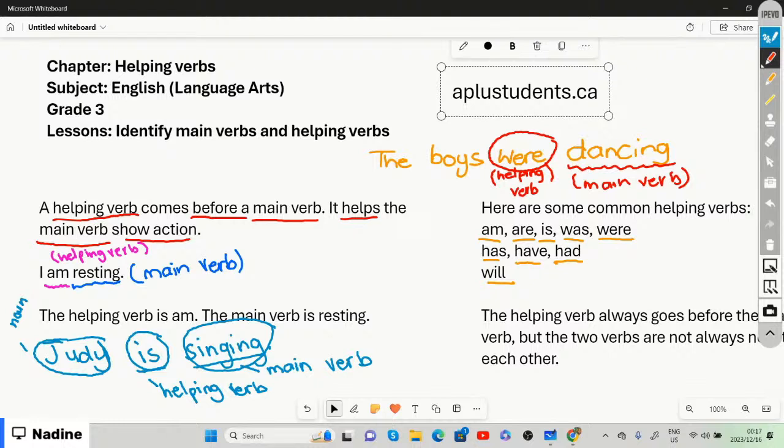So the verb is our doing word, which is dancing, and our helping verb is the word that comes before the main verb, which is were in the sentence, helping the main verb, which is dancing.